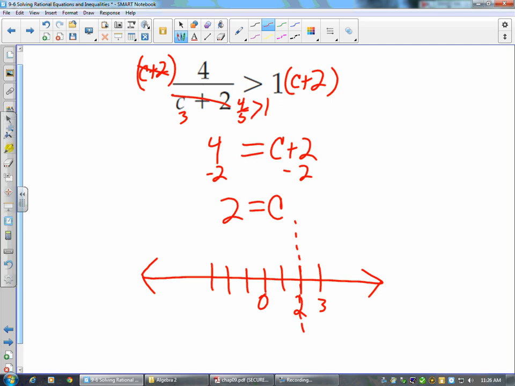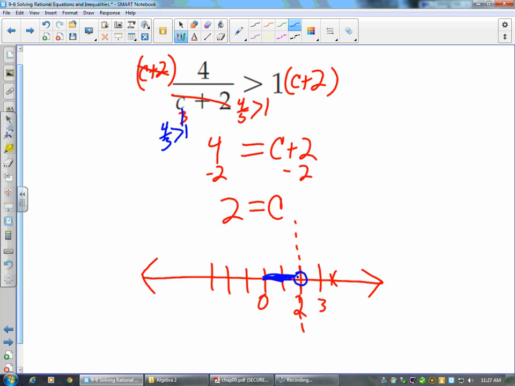No, it's not. So we're not shading up above here. But what about if I plug in a 1? Put a 1 in the C spot. Does 1 plus 2, it's a 3, is 4/3 greater than 1? Yes, it is. So that means we are going to shade that direction.